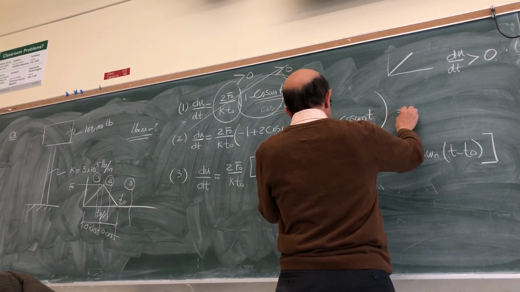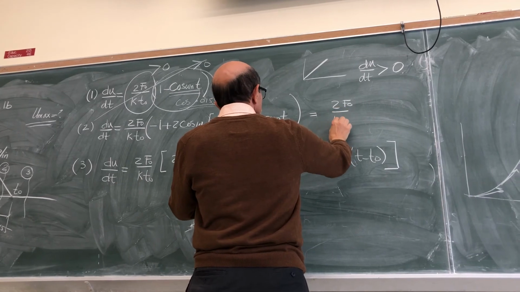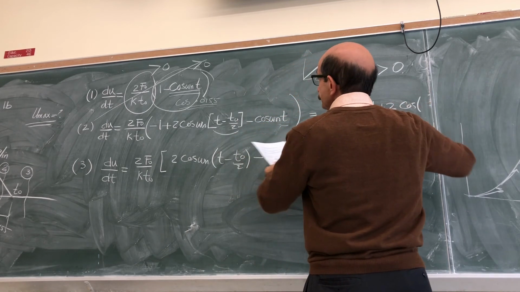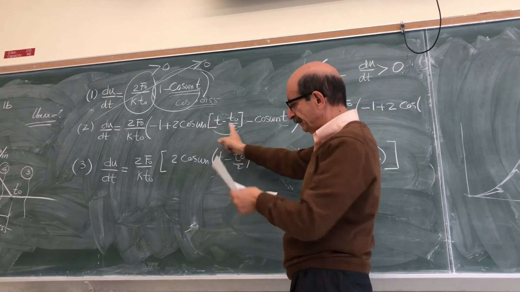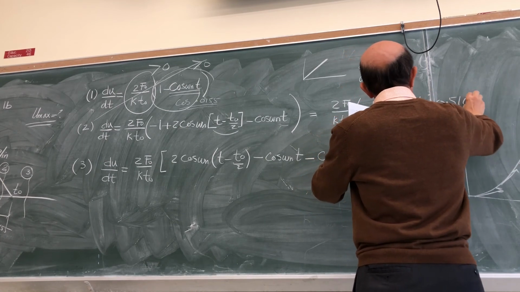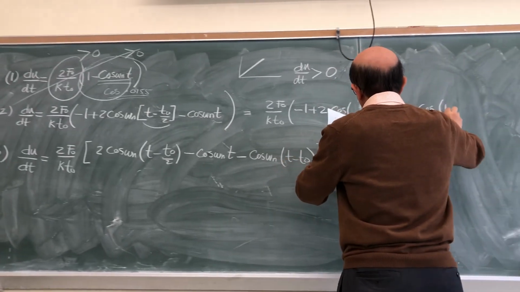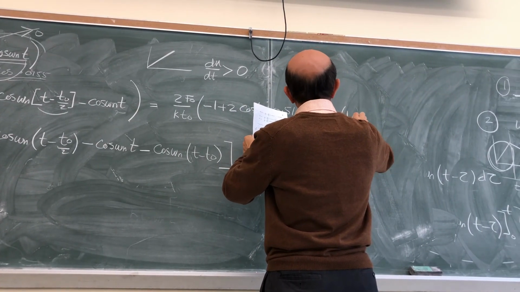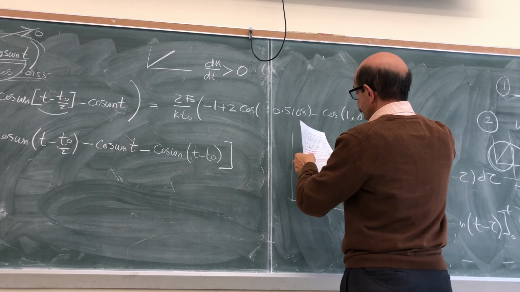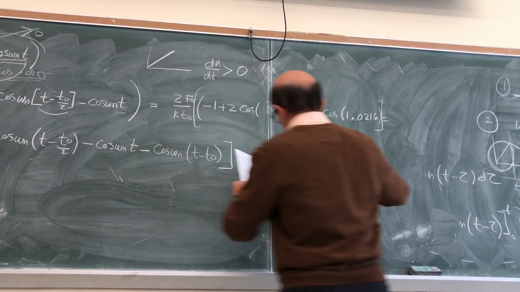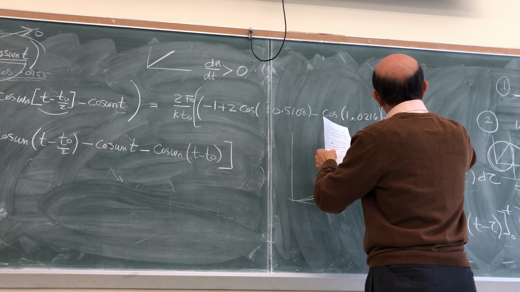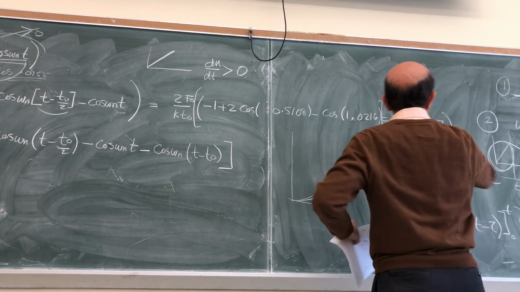If you do that, let's say you have 2f0 over k t0 times -1 plus 2 cosine of, if you put for omega n and t minus t0, which is at t0, you get 0.5108 minus cosine of 1.0216, which becomes 2f0 over k times 0.227, which is positive.